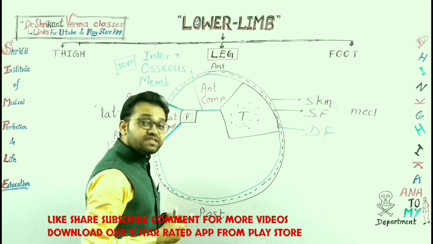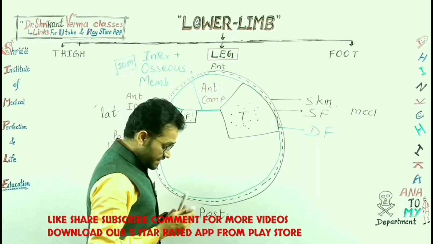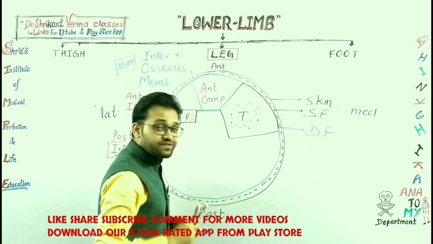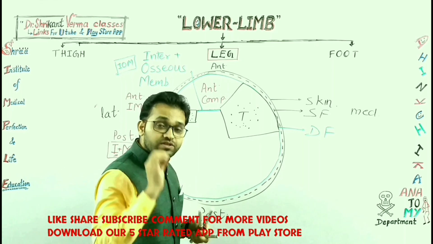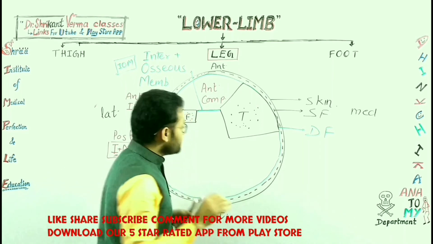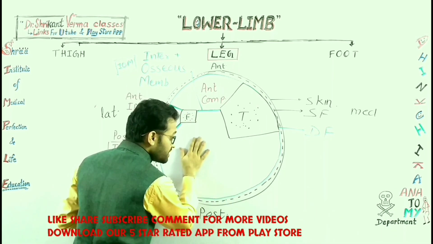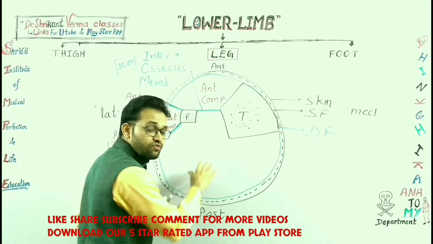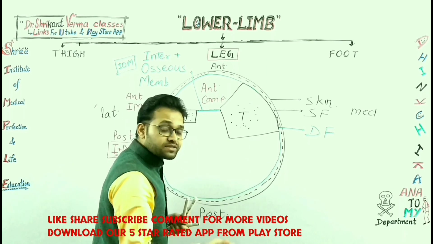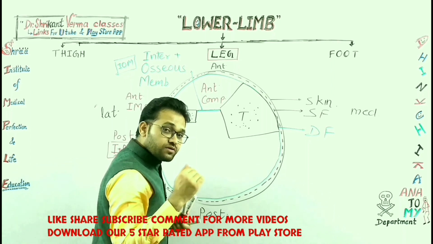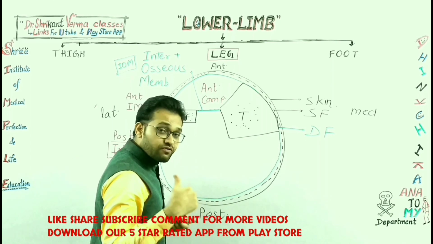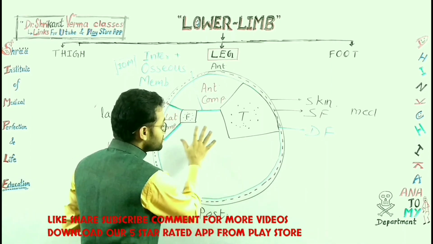But again, here is another twist, that there is a modification of the deep fascia. Yes, what I am telling you, there is a modification of the deep fascia which will divide this posterior compartment again into two parts. A few books also mention three parts, but mainly for our convenience, we are reading two compartments.